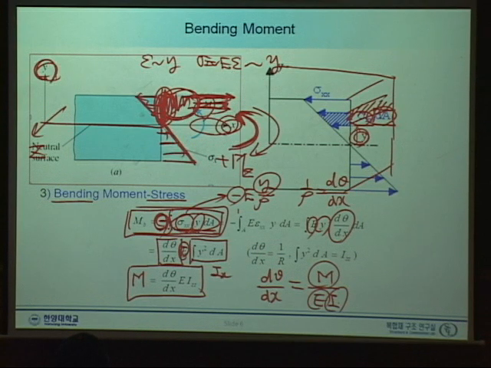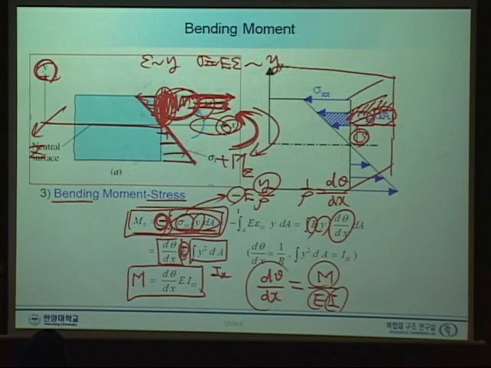So now d theta dx, which was unknown at the very beginning, was obtained in terms of known values. This whole procedure is all about the beam theory.